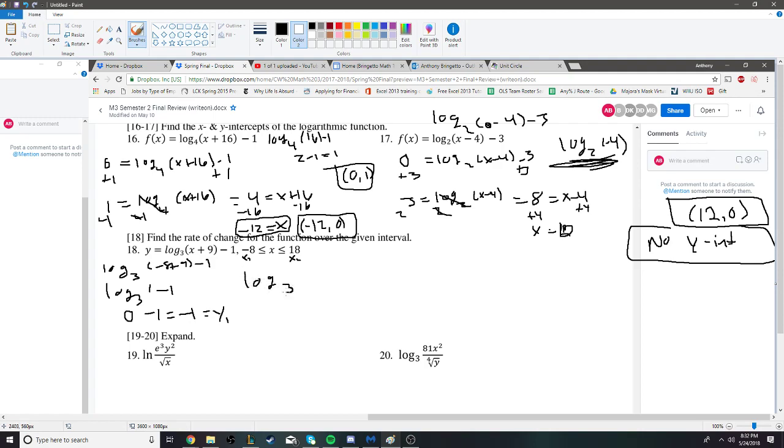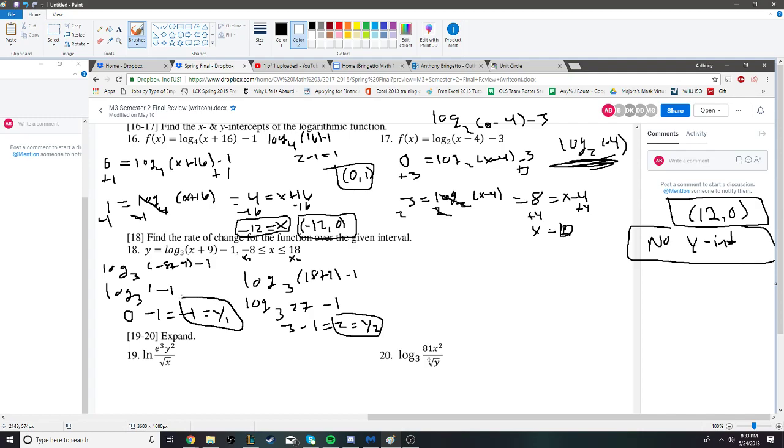Log base 3 of 18 plus 9, minus 1. That's log base 3 of 27 minus 1, and 3 minus 1 is equal to 2. That's my y2.